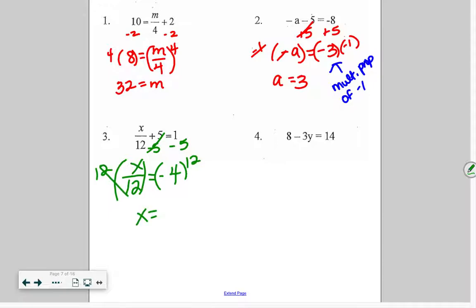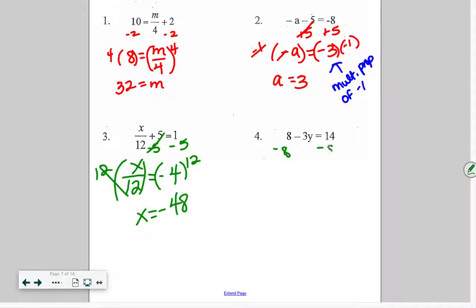X is going to equal? What two properties did we use there? First one? Subtraction property of equality. Second one? Multiplication property of equality.